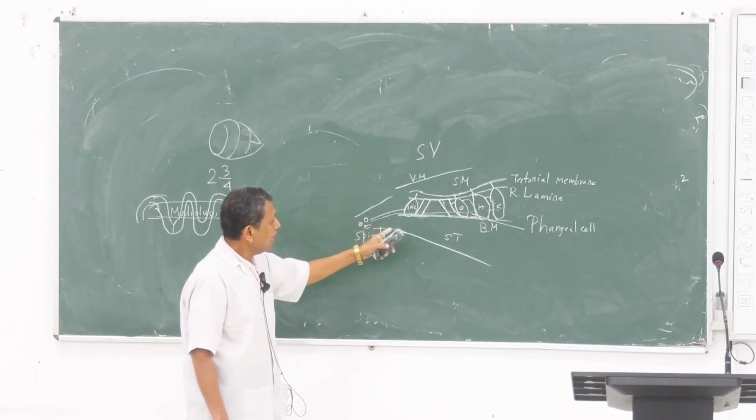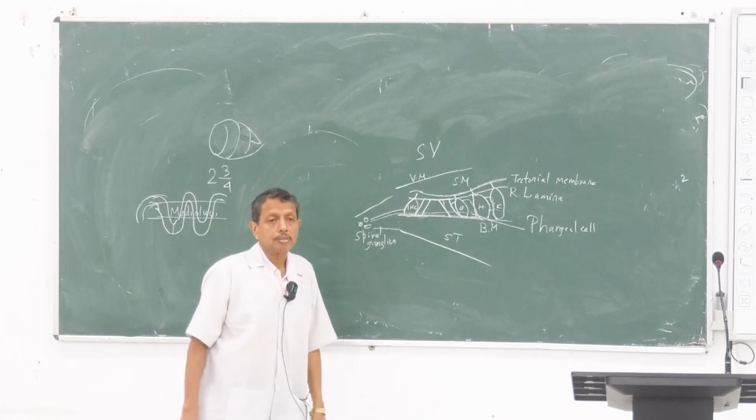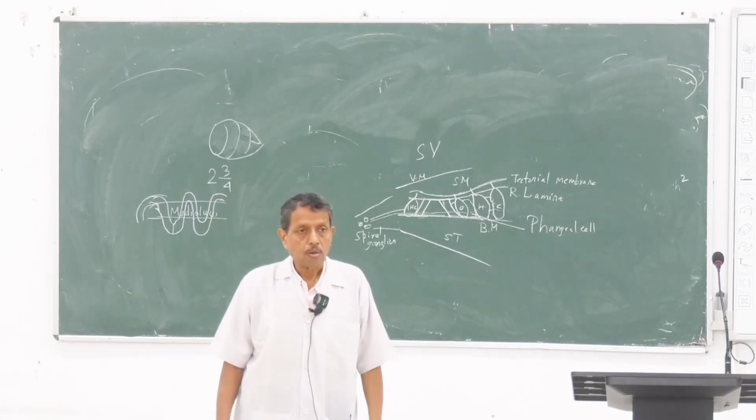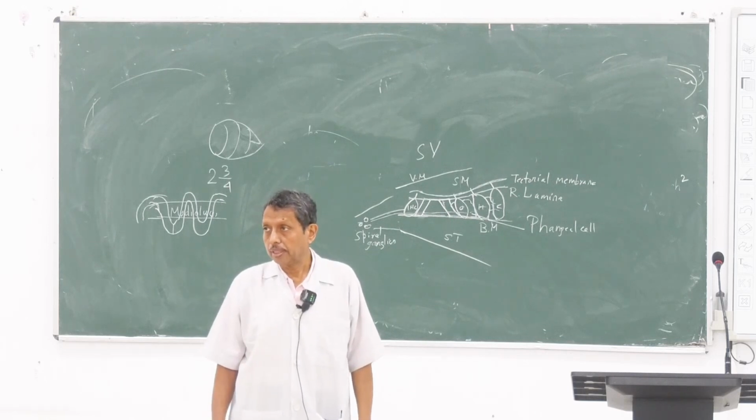And they ultimately form the axons of the cochlear nerve, the auditory nerve.